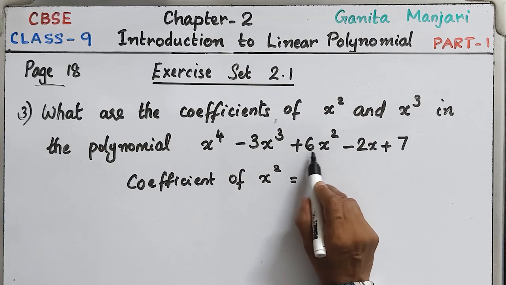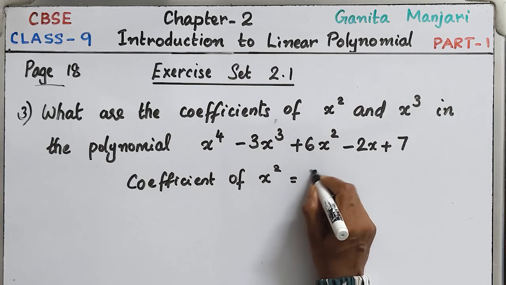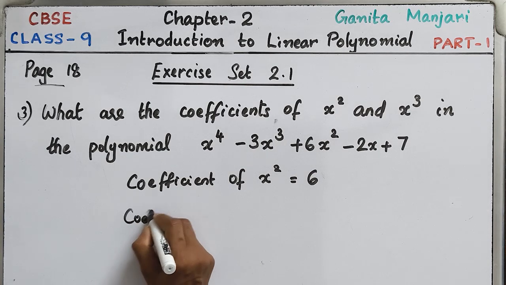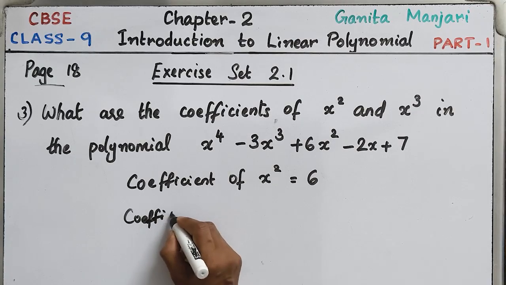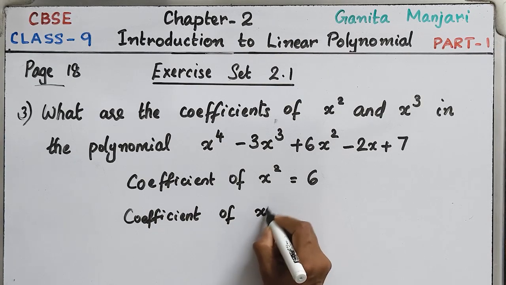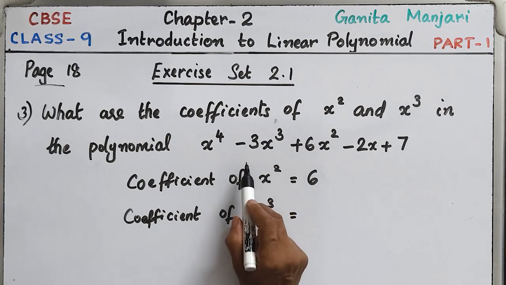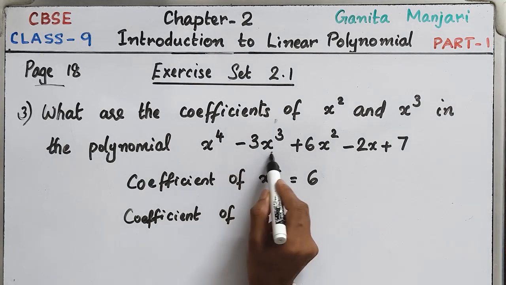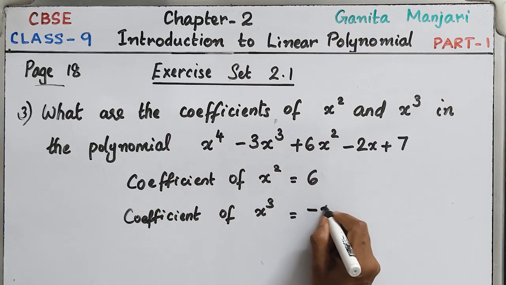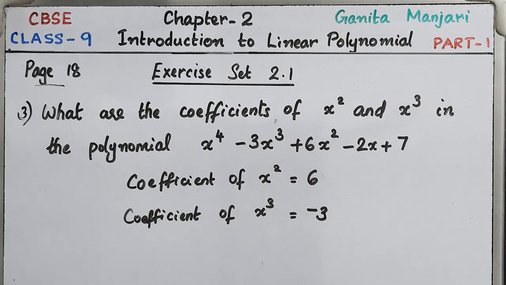So coefficient of x square is plus 6 or simply 6. Now we need to find out the coefficient of x cube. X cube term is minus 3x cube. So the coefficient of x cube is minus 3. Hope it's clear. Moving to the next one.